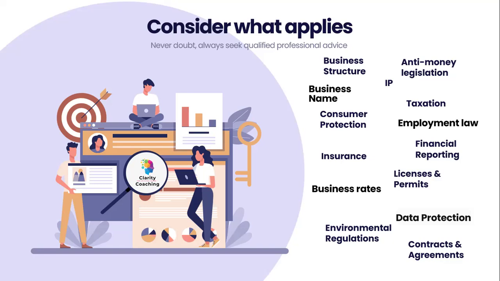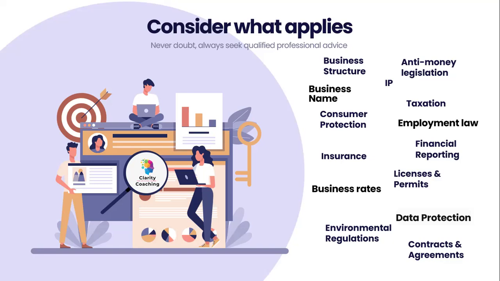You may also need to look at the anti-money laundering regulation, AML for short, and register with an appropriate supervisory body if your business is involved in activities that are covered by anti-money laundering regulations, such as financial services, real estate, or accounting.